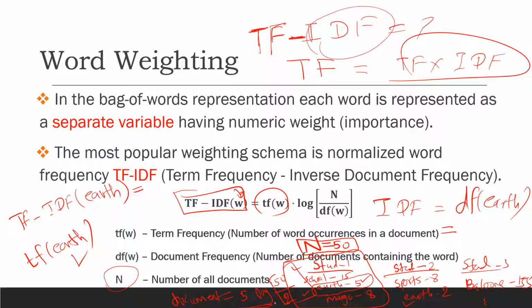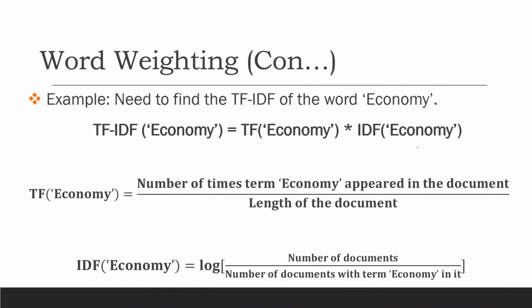Let's say among 10 documents, 5 documents contain employee. So log 2, you need to find the value of log 2, that is considered as the IDF. This is the way you can calculate word weighting.